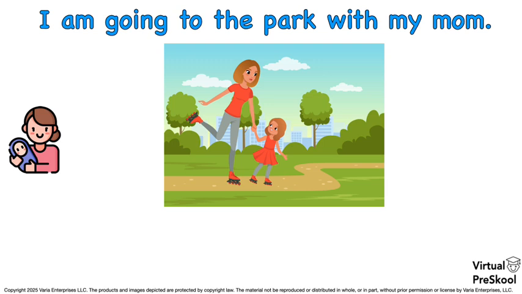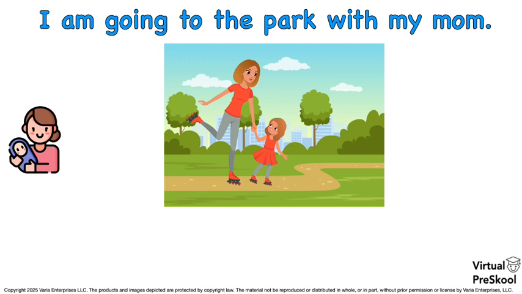Okay, I am going to the park with my mom. Again, we're using the verb jana. So put this one together. I am going to the park with my mom, and the speaker of the sentence is a little girl based on the picture.